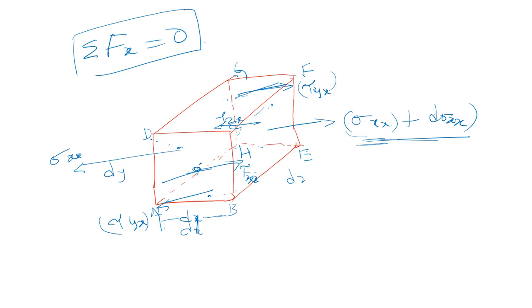DAHG, this plane. Suppose at the starting point here, sigma xx is acting. After acting on this side, because of its change of dimensions, the stress also changes. So we can write it as d sigma xx, that is the change of stress.